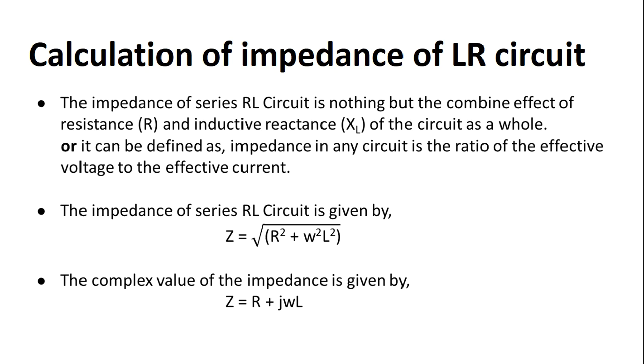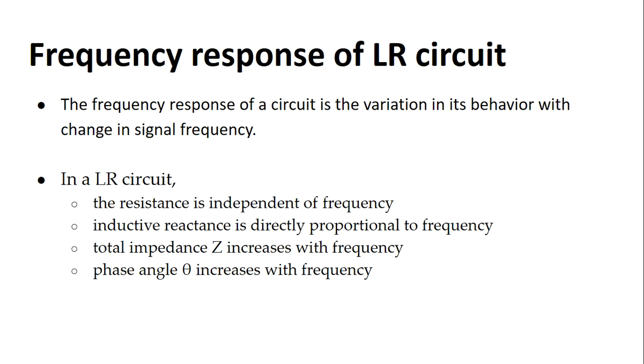Hence the complex value of the impedance is given by Z is equal to R plus j omega L. From the above equations, we come to know that there is a variation of the response of the circuit with the frequency. The frequency response of a circuit is the variation in its behavior with the change in signal frequency.